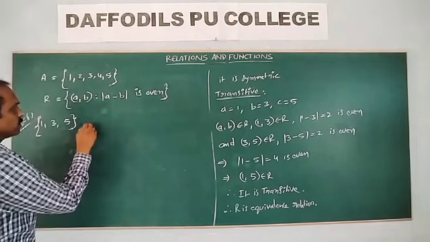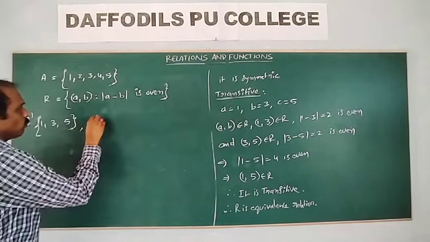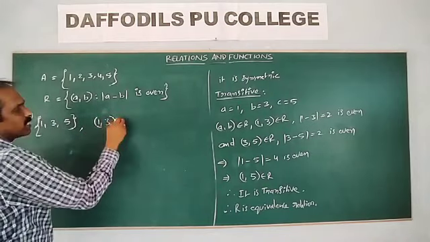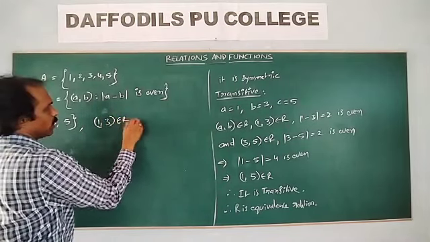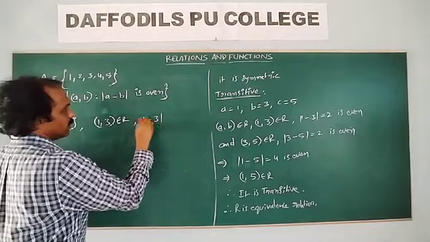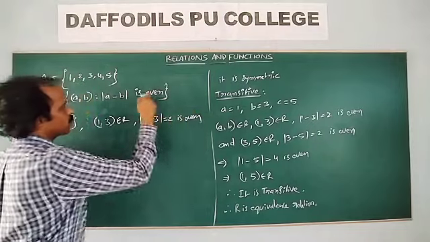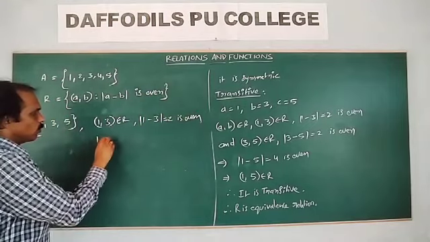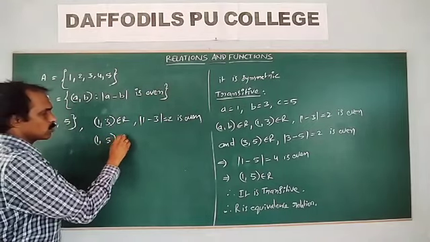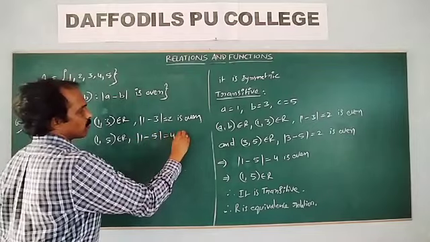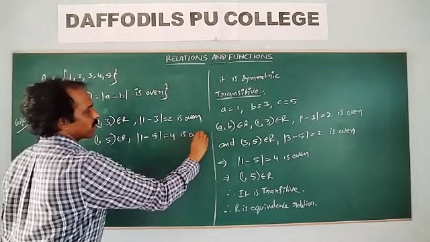Once we check, (1, 3) belongs to R, that is 1 minus 3 is equal to 2, which is even. Satisfies. Next, (1, 5) belongs to R, 1 minus 5 is equal to 4, which is even.